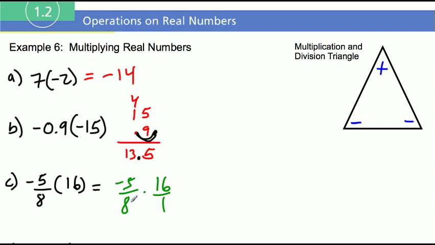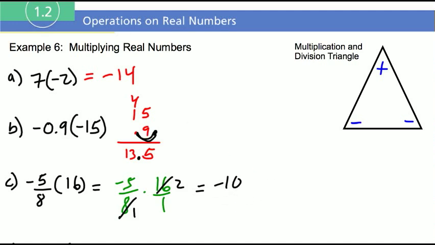So 8 divided by 8 is 1, and 16 divided by 8 is 2. So really, this now becomes negative 5 times 2, which is negative 10, and then 1 times 1 is just 1, but that's not necessary. We don't have to put a 1 right here, so I'm just going to erase that and put negative 10.